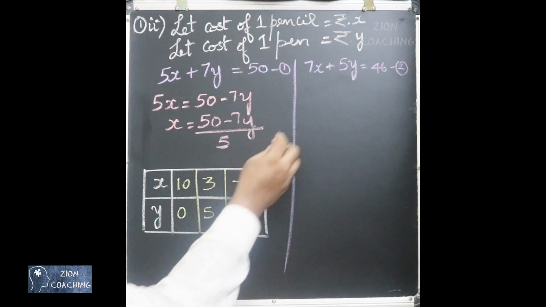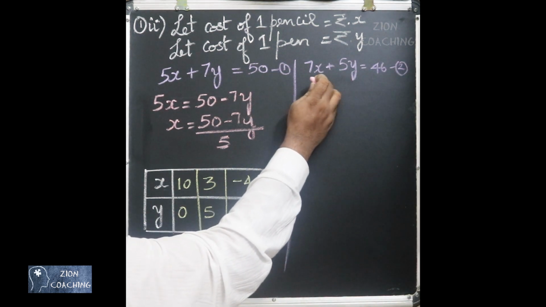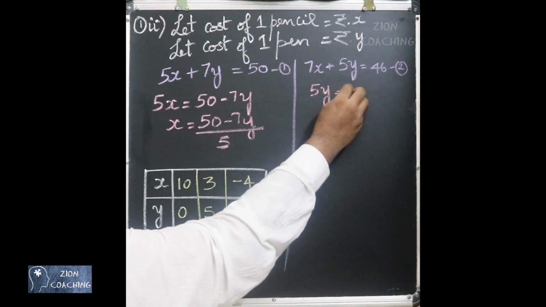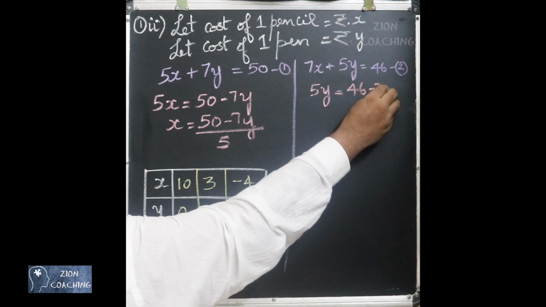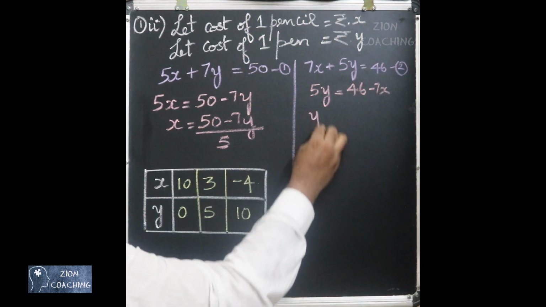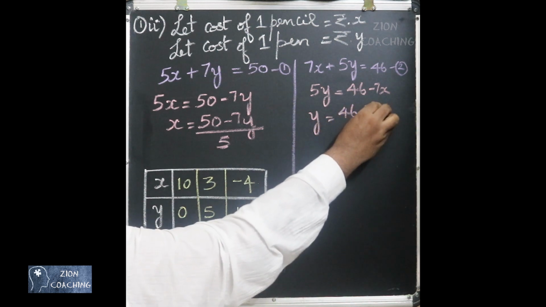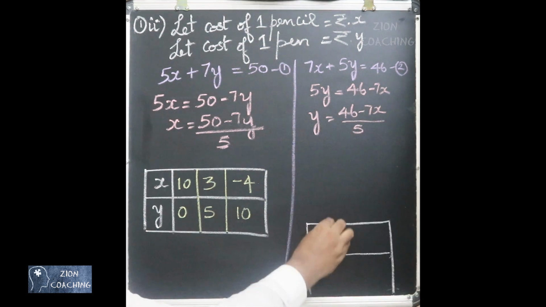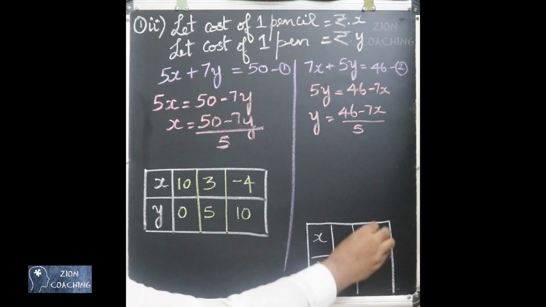We have, in this case, we will take 5Y is equal to 46 minus 7X. Then your Y is going to be (46 minus 7X) divided by 5. Now we are going to give values for X and find the corresponding Y values. We will try 3 values.